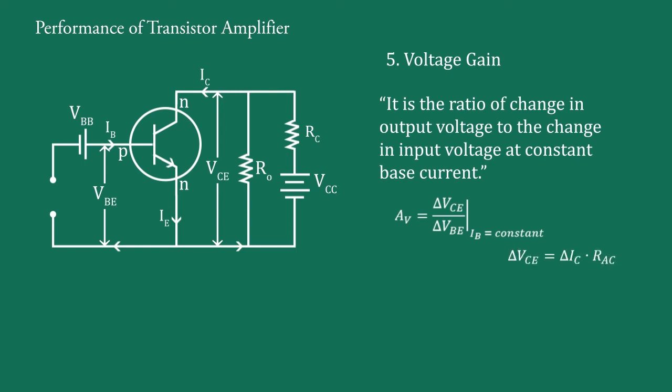Since delta VCE equal to delta IC into RAC and delta VBE equal to delta IB into RI, it is also written as AV equal to delta IC into RAC upon delta IB into RI, and which is equal to beta into RAC upon RI, because beta equal to delta IC upon delta IB, that is current gain.